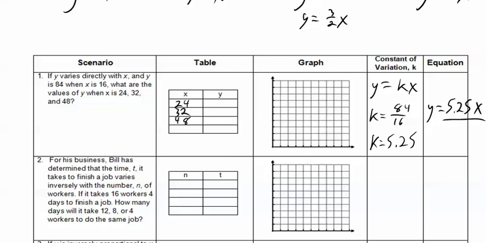And I don't have a calculator that I can put up on the screen on this particular computer, so you're just going to have to believe me. I put in the y equals 5.25x into y1 and just looked at the table for those values, and I got 126, 168, and 252.